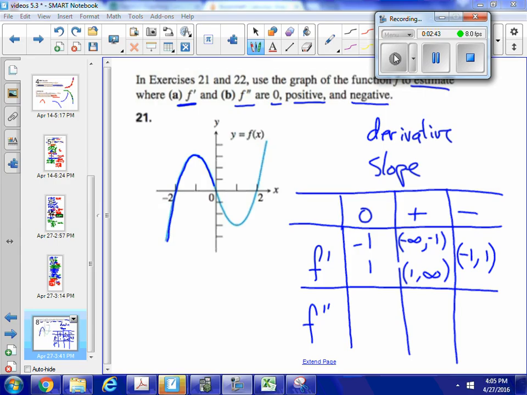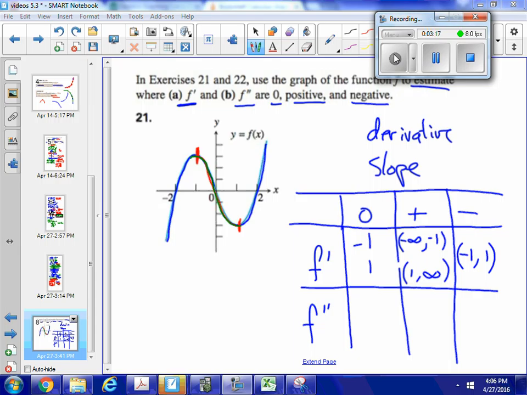But somewhere around here, I see that my slope again is starting to turn more positive. So somewhere between this point over here, where my slope is absolutely negative, and this point over here where my slope is positive, somewhere in here, my slope is changing from getting more negative to starting to turn positive.